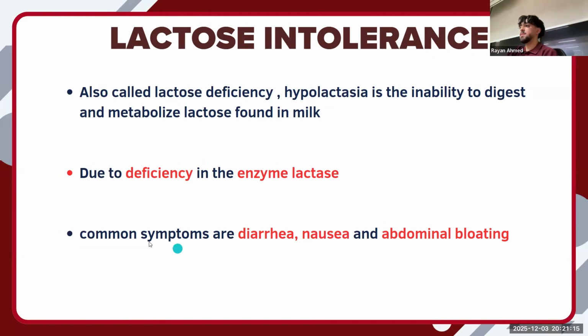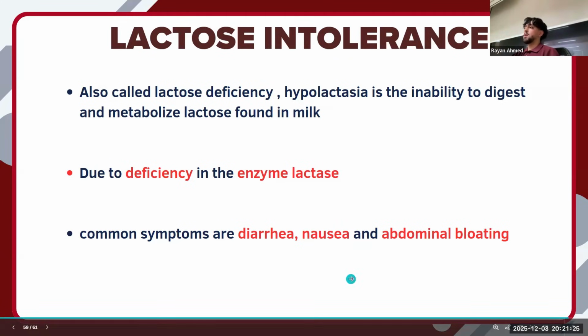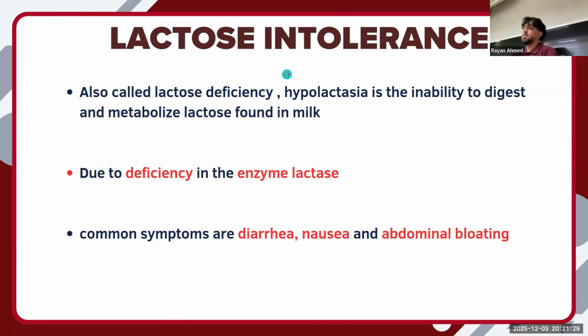And please remember the common symptoms, because whenever they ask you a question about lactose intolerance, they literally mention these symptoms: diarrhea, nausea, and abdominal bloating. These three always come together for lactose intolerance. And they probably will ask you a question about lactose intolerance. And why does it happen? Because of the enzyme lactase being deficient.